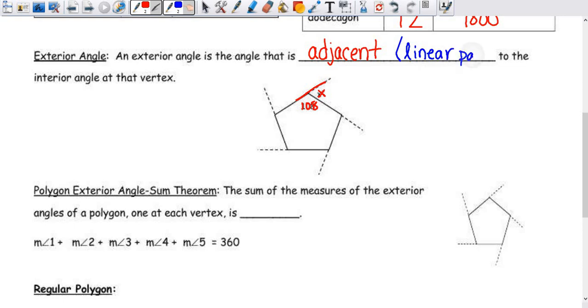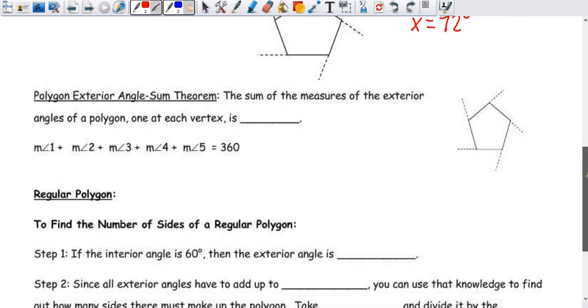So if that helps you remember it better, because how we're going to solve this, if they are sitting together on a straight line, we know they add up to 180 degrees. So in this particular example, I could solve for x because I know that 108 plus x needs to equal 180 degrees. All right? So then we get that x is 72 degrees. So the exterior angle right there next to 108 would be 72 degrees.